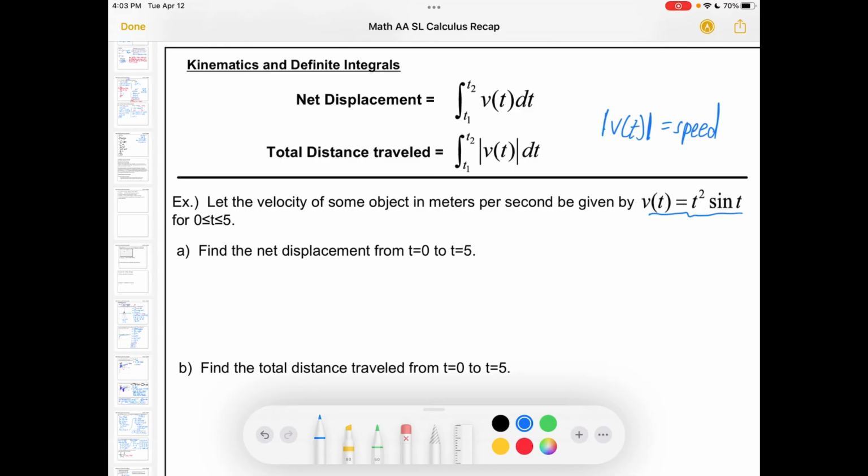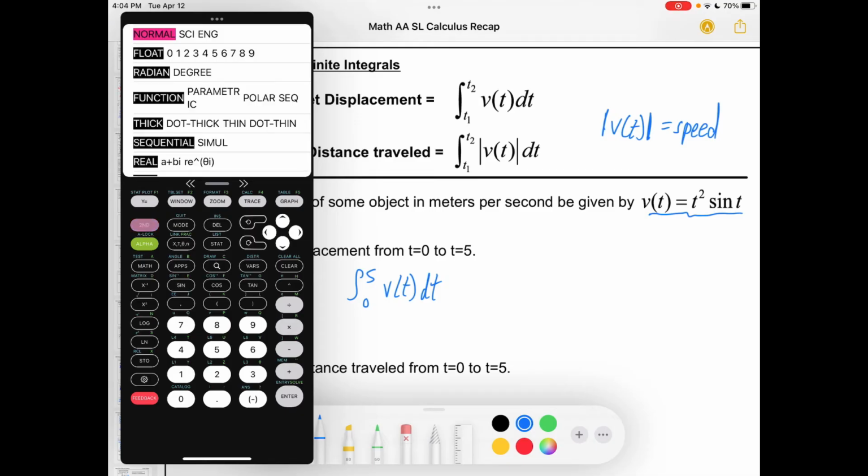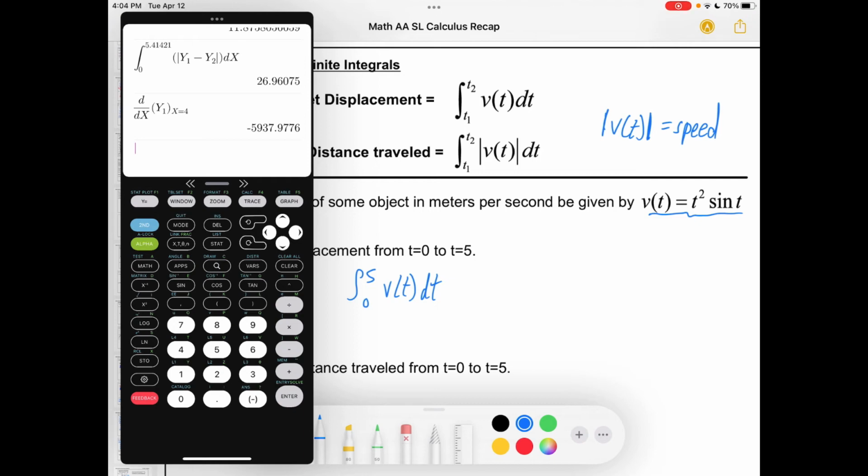And if we want the net displacement from 0 to 5, well, that would just be a regular old integral. I can do this on my GDC. I'm going to take the time to put in the function x squared sine x, and also to check that I am in radian mode. And I am. So now I can just do this integral.